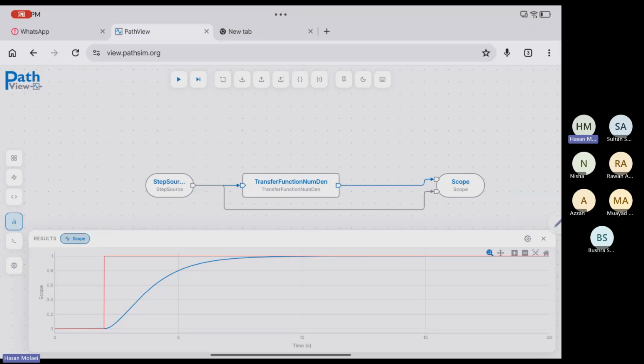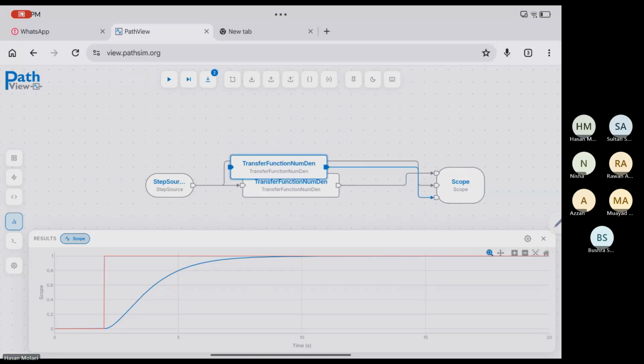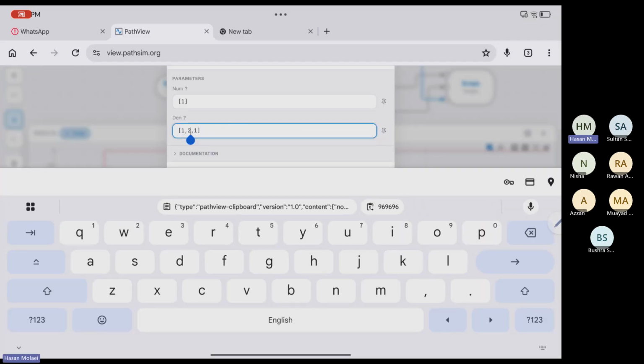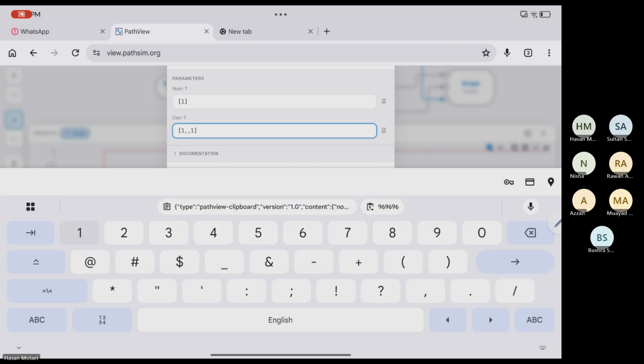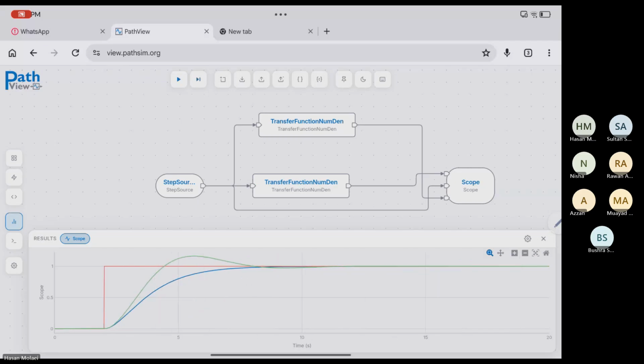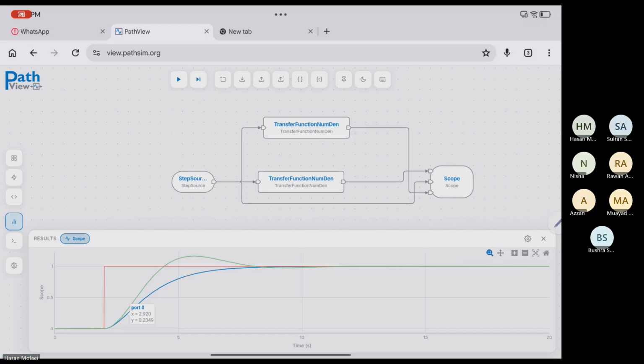See, we are increasing delay time by reducing the overshoot. Yeah, that's kind of a trade-off.